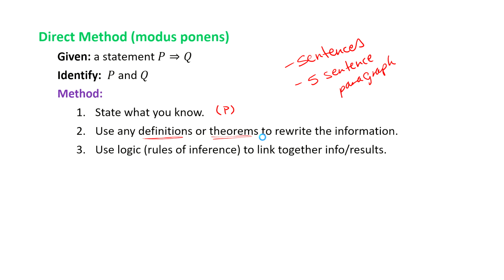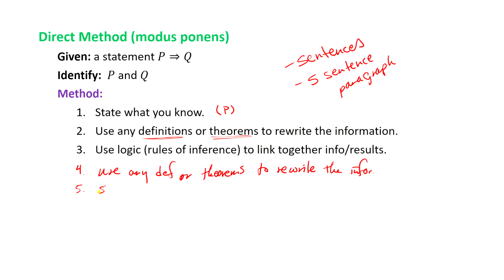Okay. Then we're going to, and actually here, let me rewrite this. Then we have where you use any definitions or theorems to rewrite your information, and specifically to get that information back into the format that you needed for your conclusion.